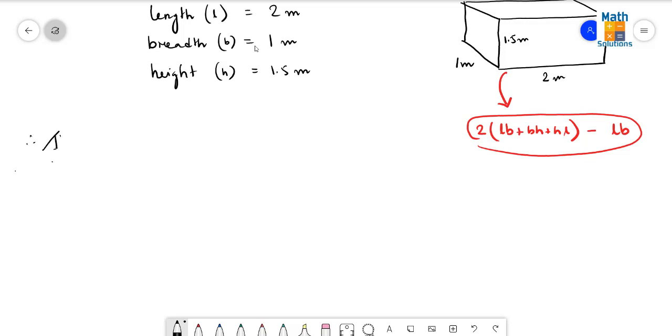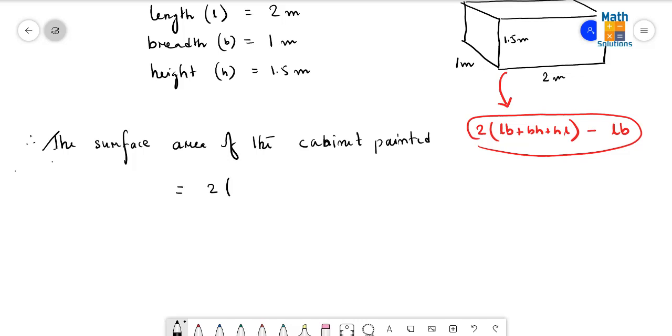Therefore the surface area of the cabinet painted will be equal to, from the total surface area LB plus BH plus HL, we are going to subtract one surface.